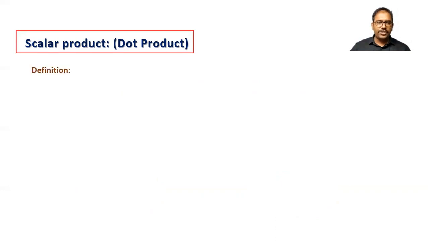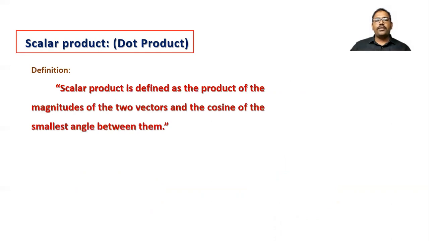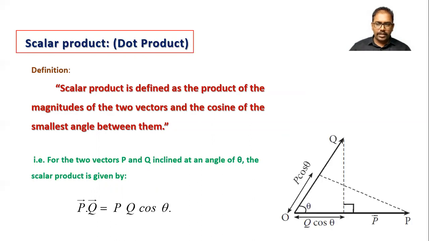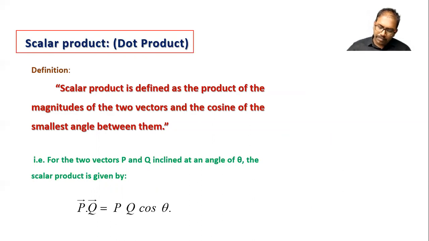First, let's see the definition. Scalar product is defined as the product of the magnitudes of two vectors and the cosine of the smallest angle between them. Let's consider two vectors, p bar and q bar, and theta is the angle between them.